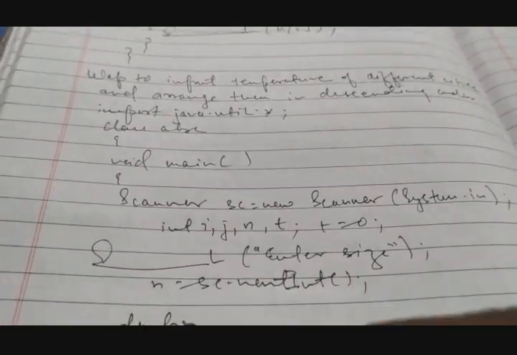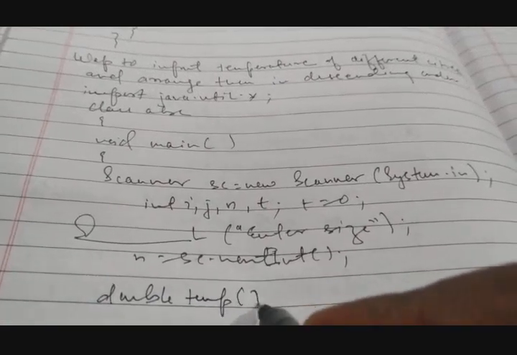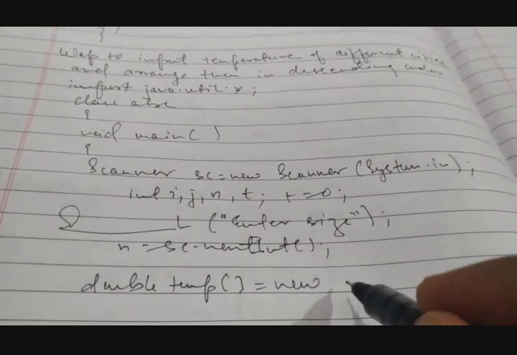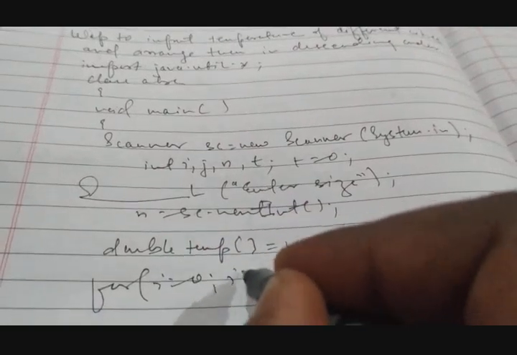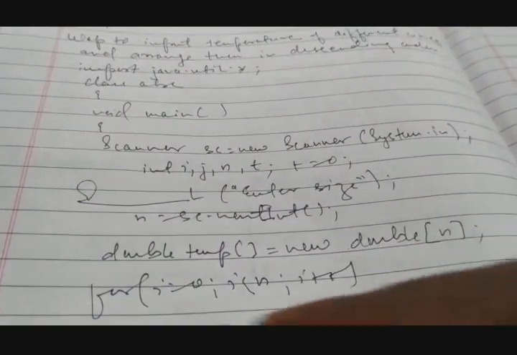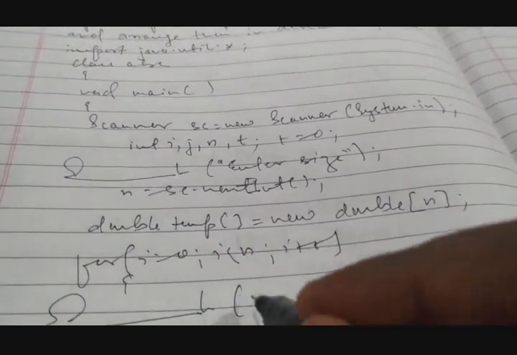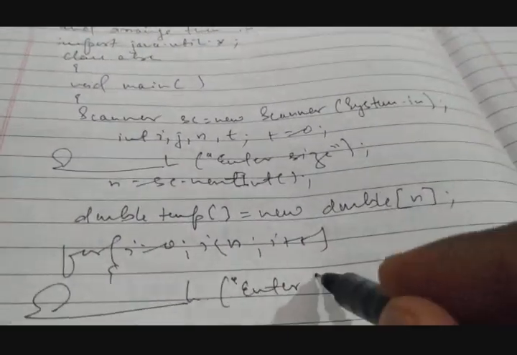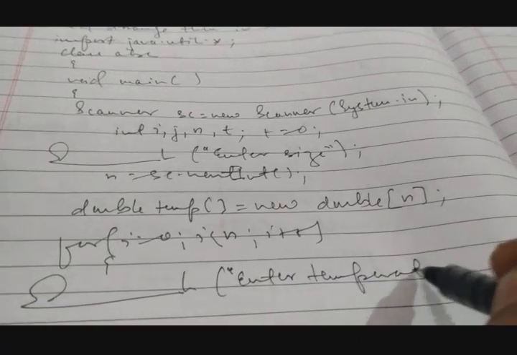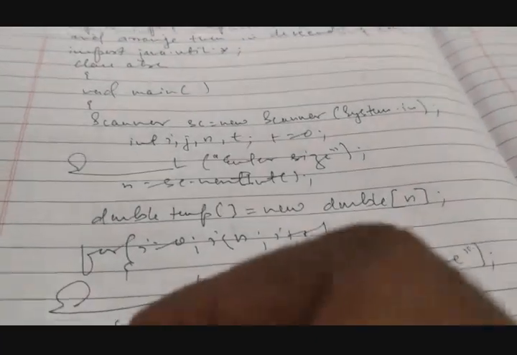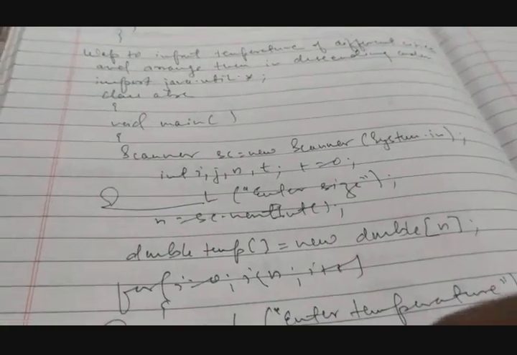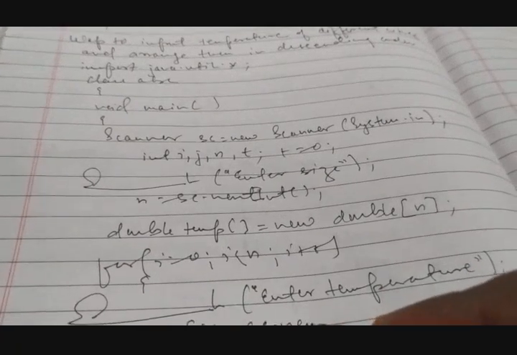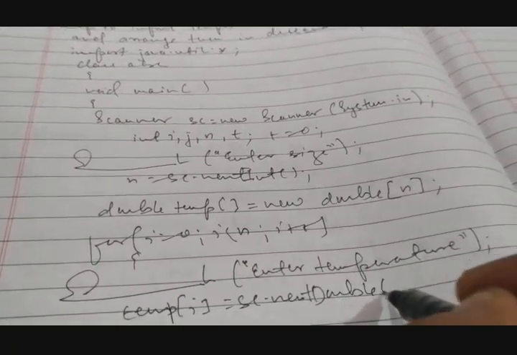Double temp array equals to new double n, for i equals to 0, i less than n, i plus plus. Sop enter temperature. Temp of i equals to sc dot nextDouble method.